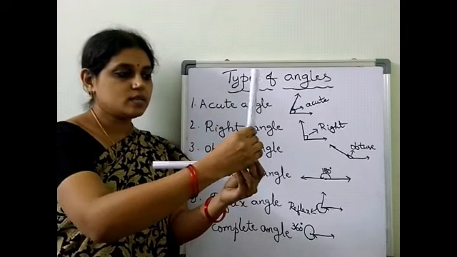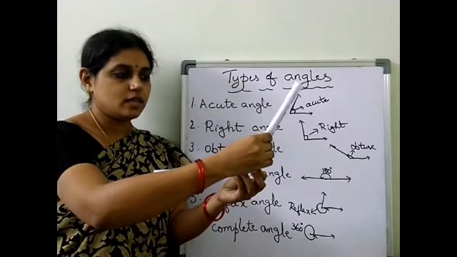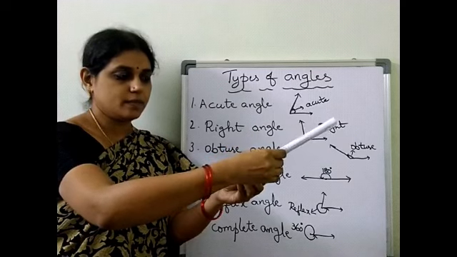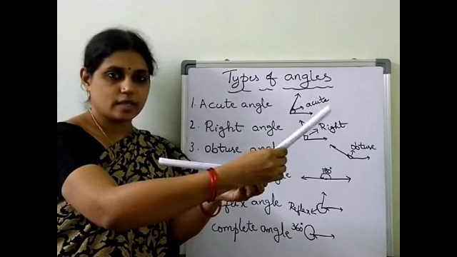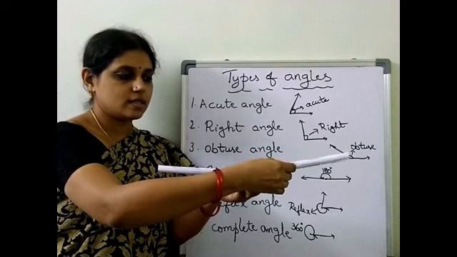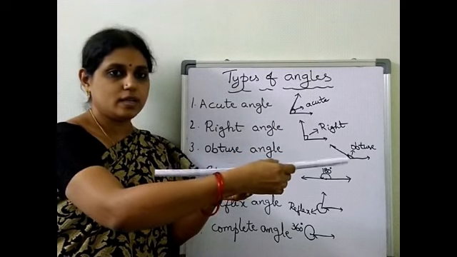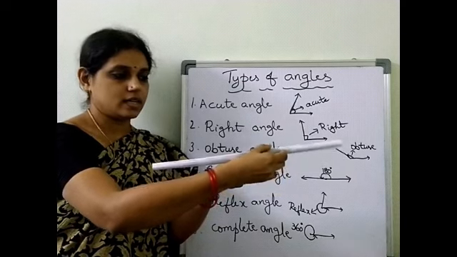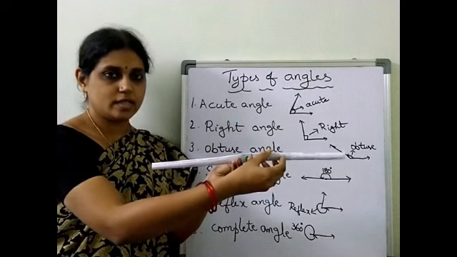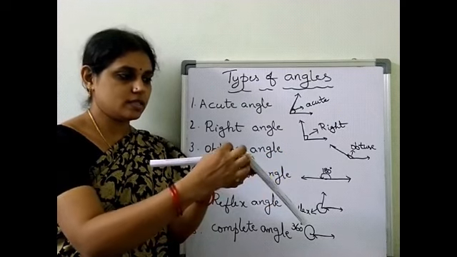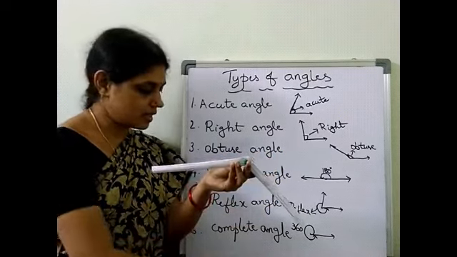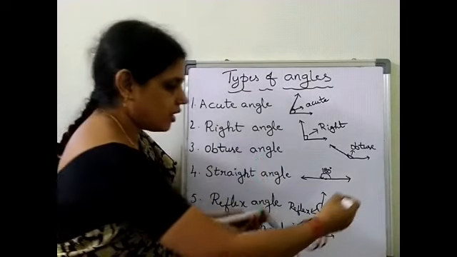If it is more than 90, then these all are obtuse angles until it reaches a straight angle. Now here this is a straight angle, a straight line, 180 degrees. Now if it moves like this, this is a reflex angle.